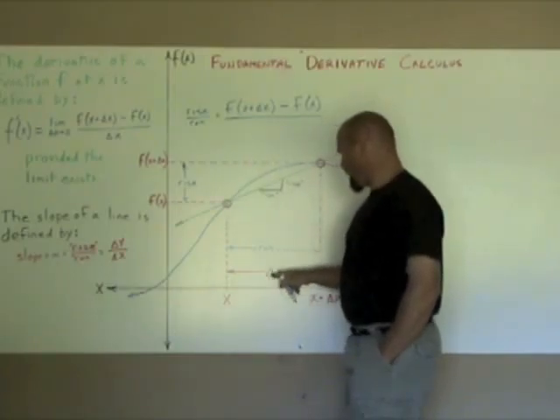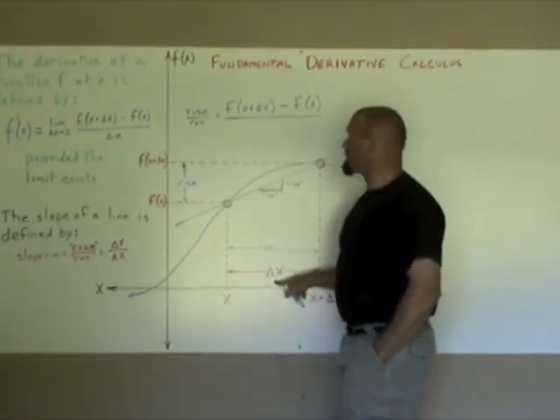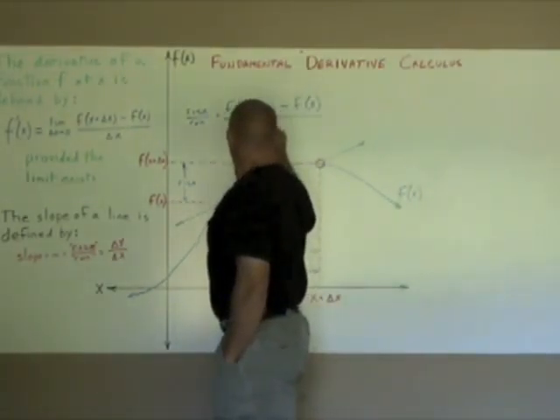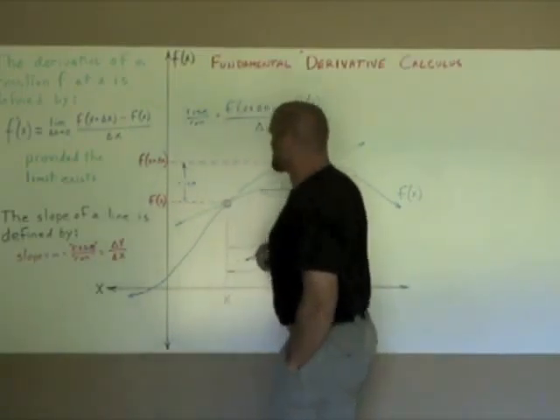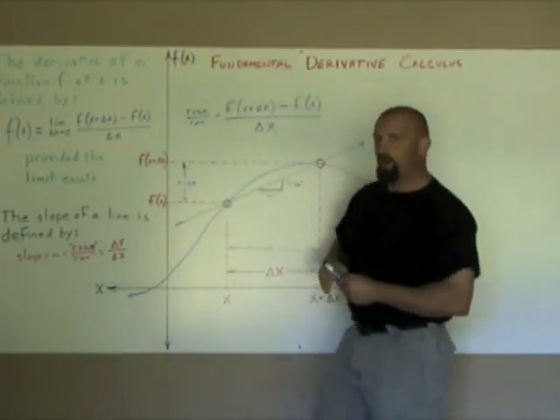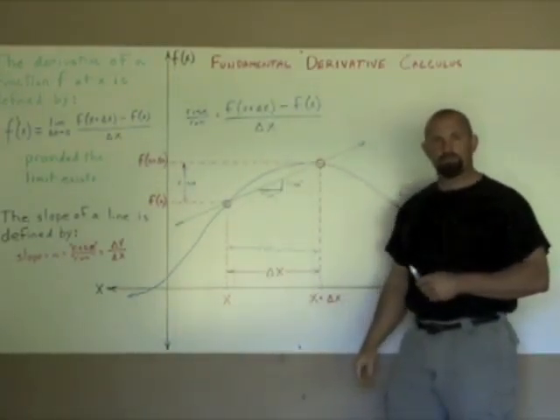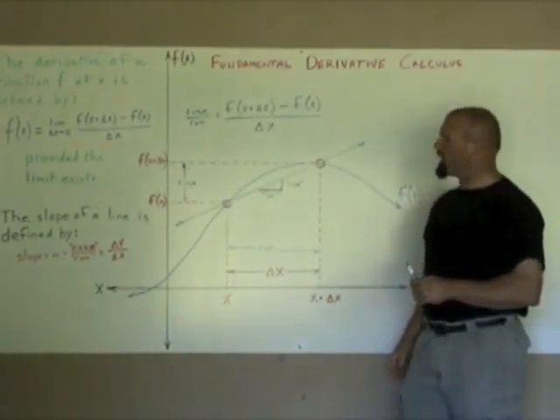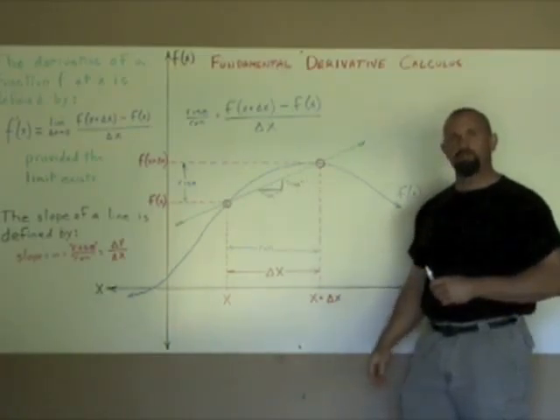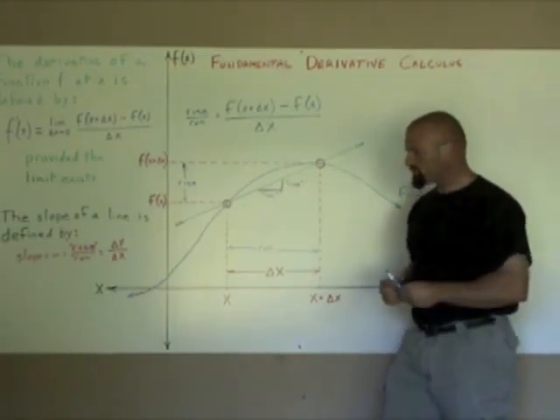If I want to look at my run, it's simply delta x in this case. So all we have defined in this expression using fancy math is a slope. That's it. A very simple concept that we understand from our previous geometry lessons.